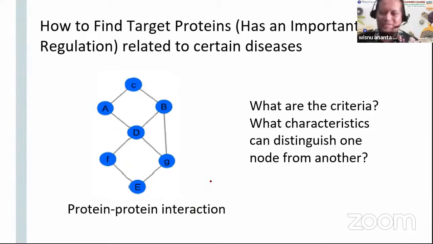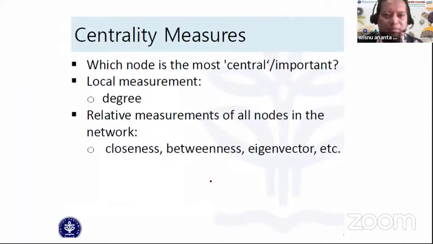It is like this. But in this case, we use the topology metrics to distinguish one protein from another protein. So we use centrality measures: which node is the most central or important? This is the most common question: which node is the most central or important in the network?